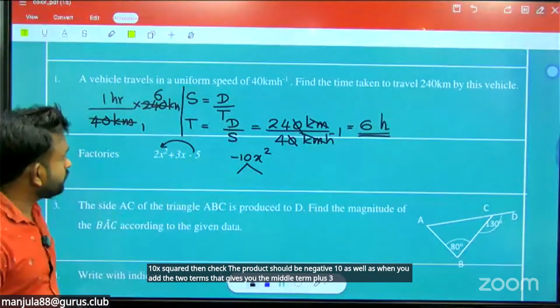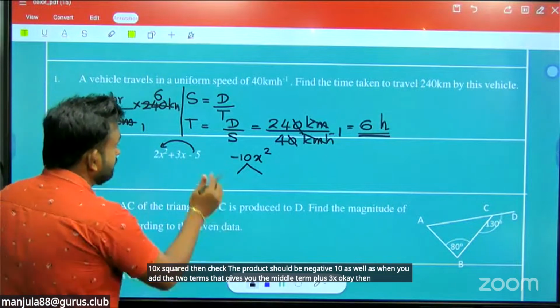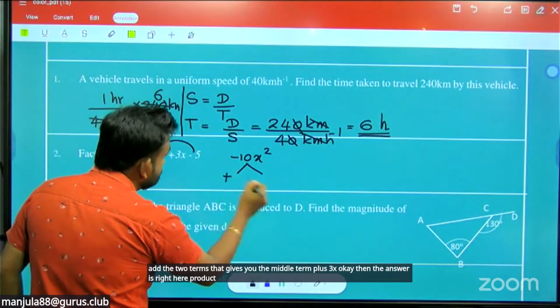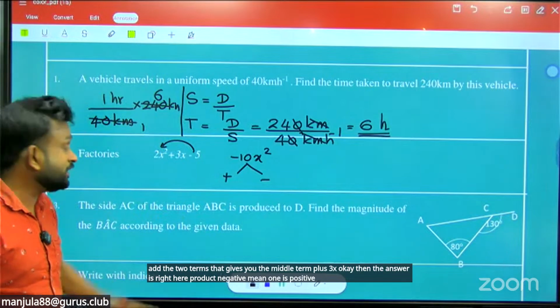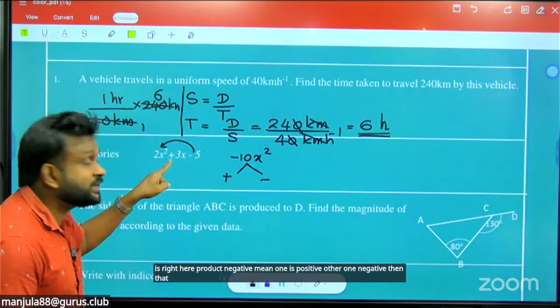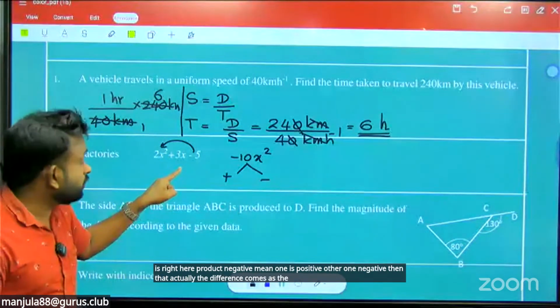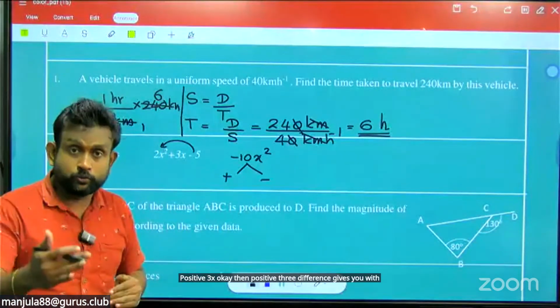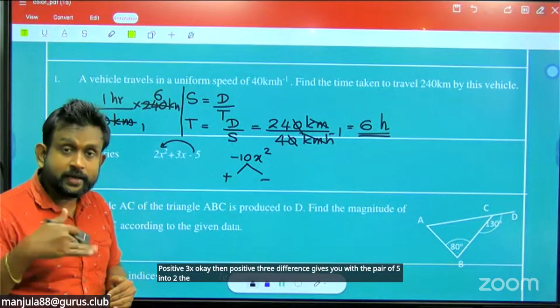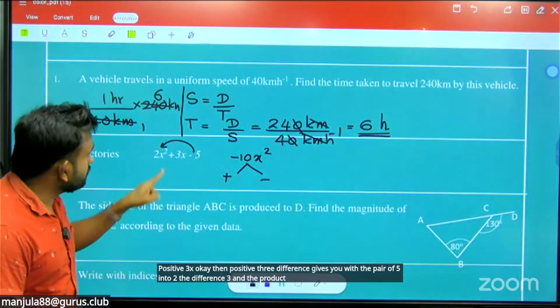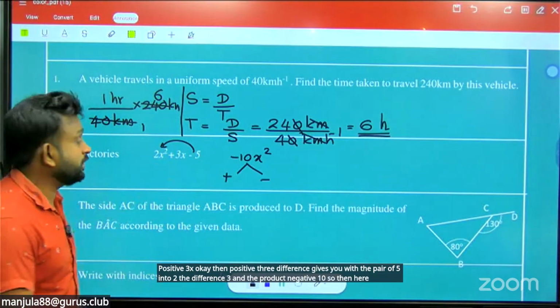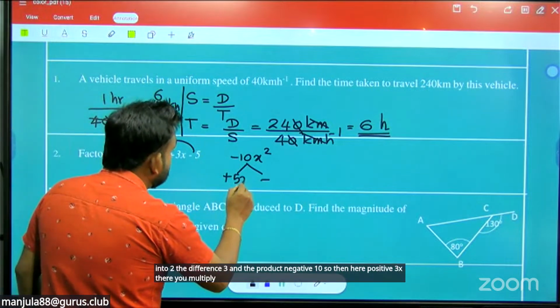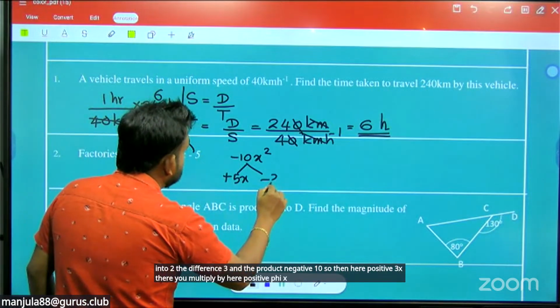Product negative means one is positive and the other negative, and the difference comes as positive 3x. So the pair 5 and 2, with difference 3 and product negative 10: positive 5x and negative 2x.